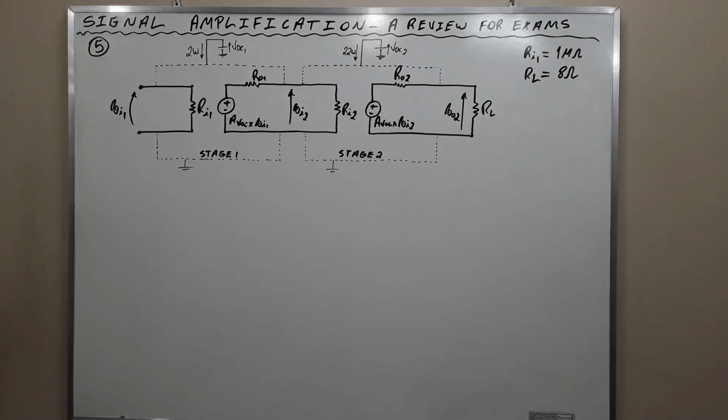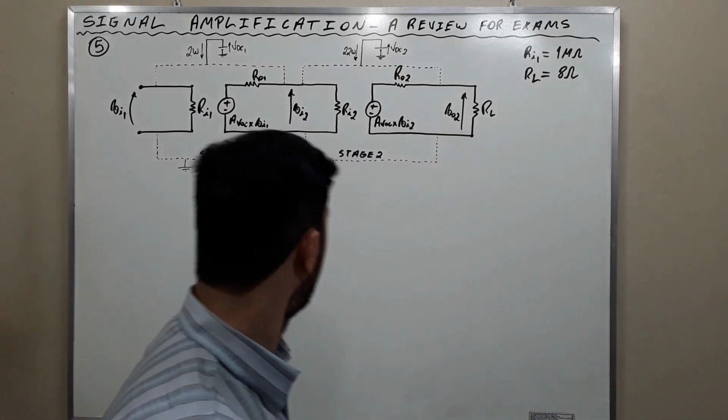The second has a power supply of 22 watts, a load resistance of 8 ohms, and an output voltage of 12 volts RMS. Based on this information, determine the overall power gain, the dissipated power, and the efficiency. Okay, my friends, this is the exercise. Let's go to the solution.